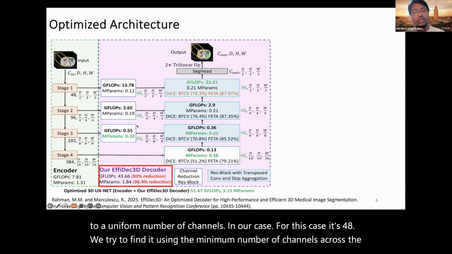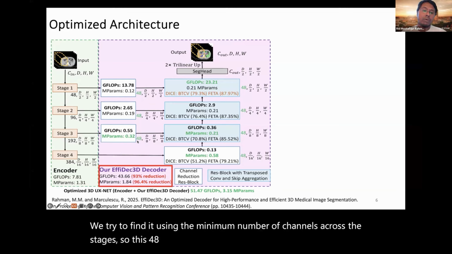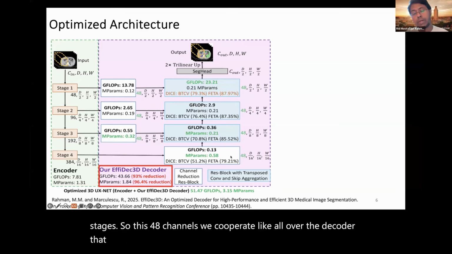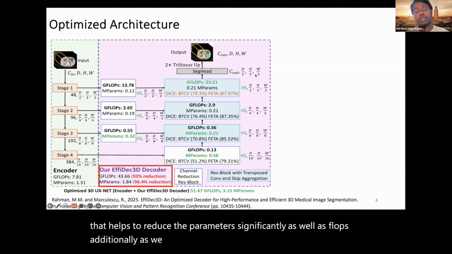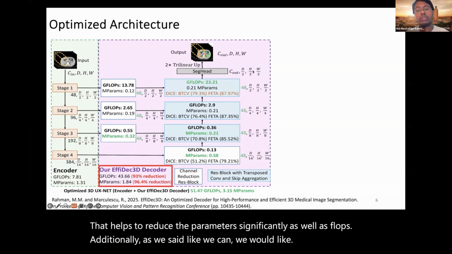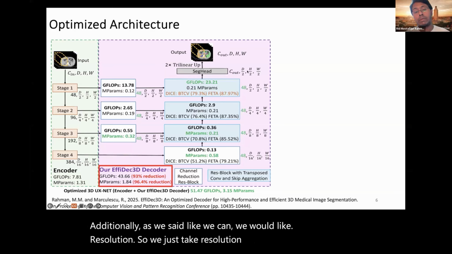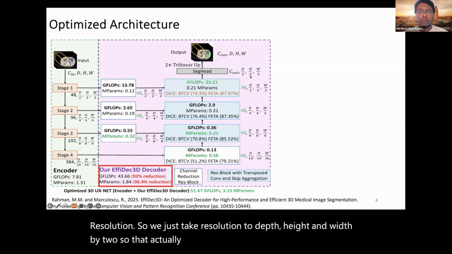These 48 channels are provided all over the decoder, which helps to reduce the parameters significantly as well as FLOPs. Additionally, as we said, we would like to restrict resolution, so we restrict the resolution of depth, height, and width by 2. That helps to reduce the number of FLOPs without affecting the accuracy that much.